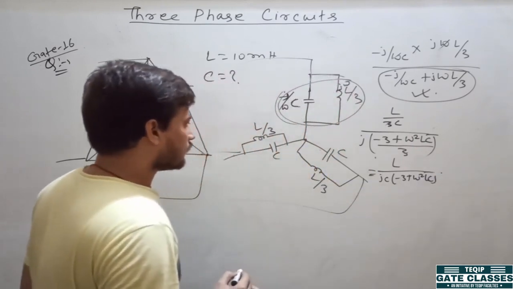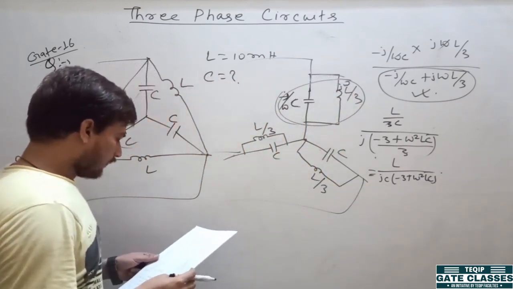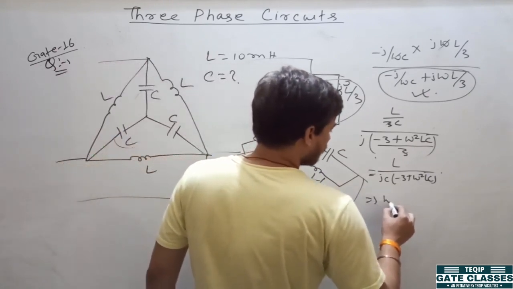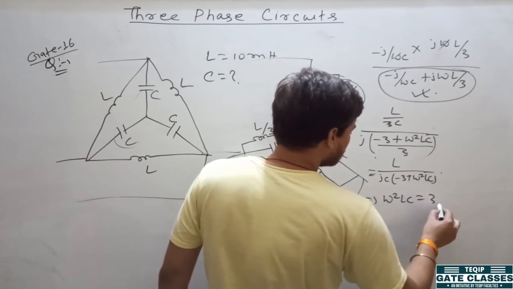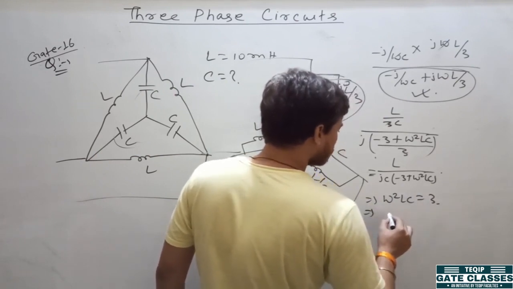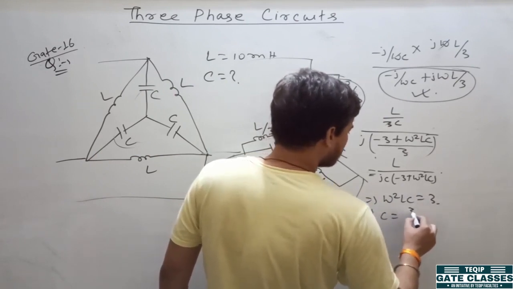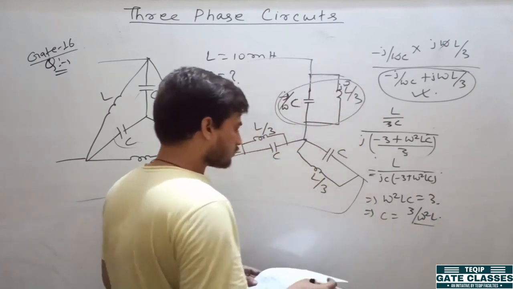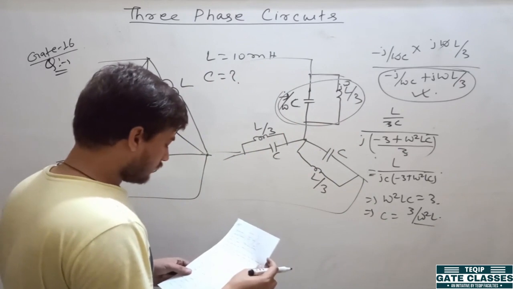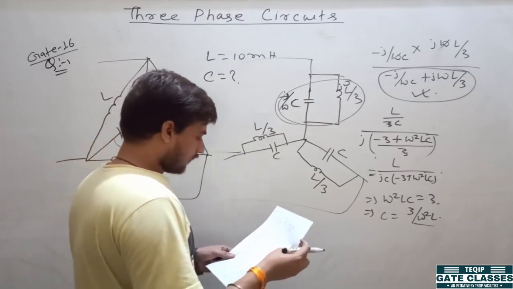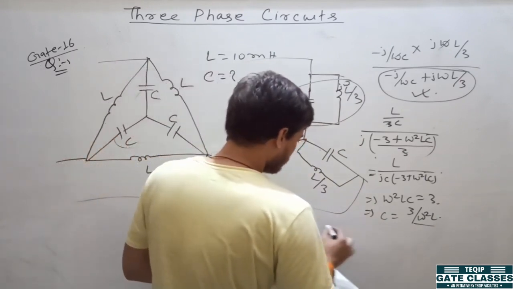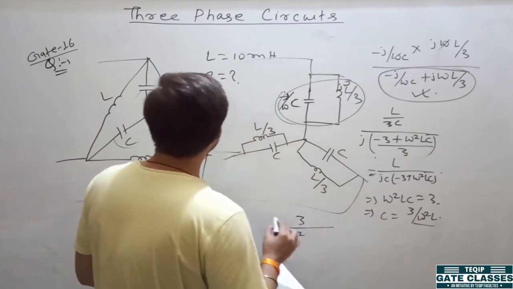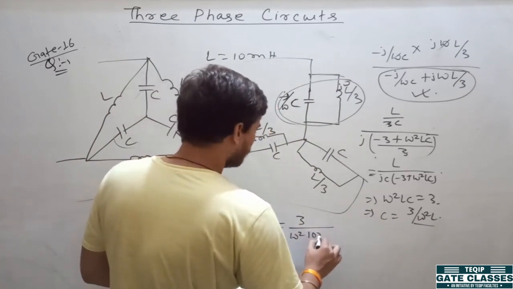From here you will get omega square LC equal to 3, or C equal to 3 by omega square L. The value of L is 10 millihenry.